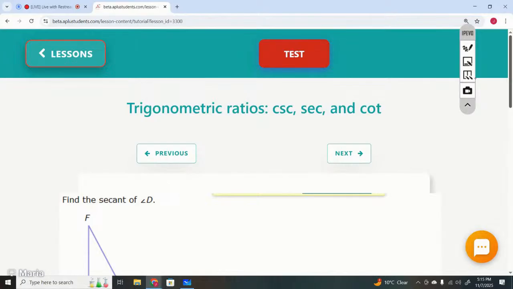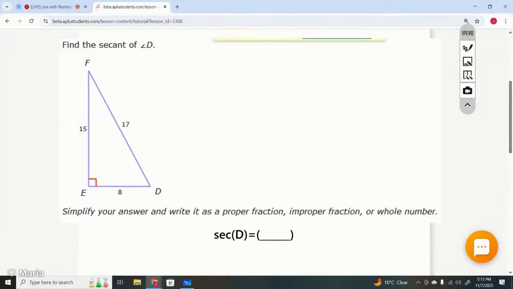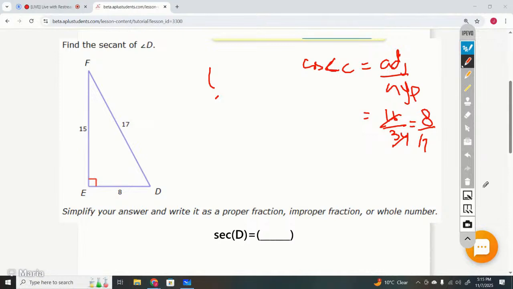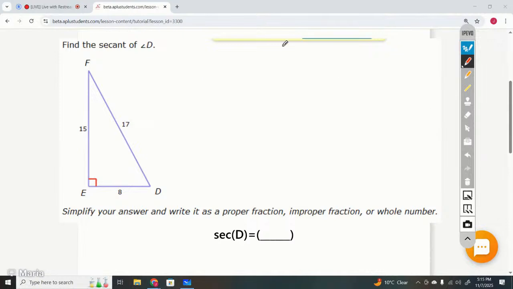Find the secant of angle D. So secant is the opposite of cos. So cos is adjacent over hypotenuse. So then secant of angle D is hypotenuse divided by adjacent. That is the reciprocal of the cos, right?